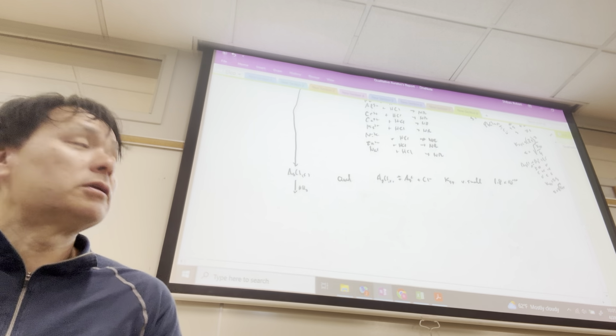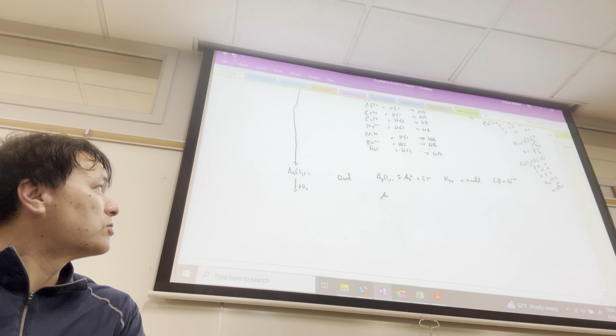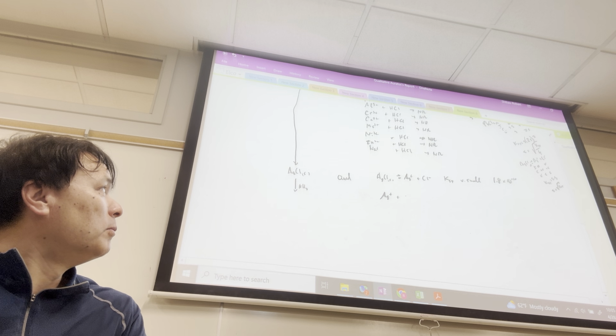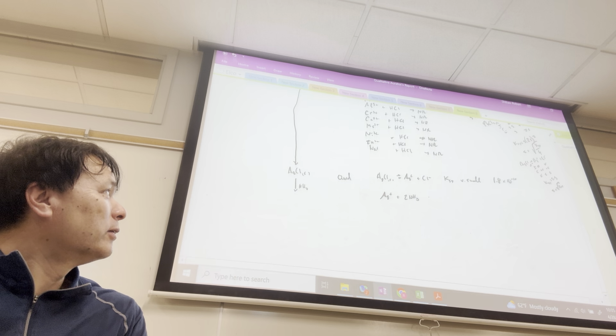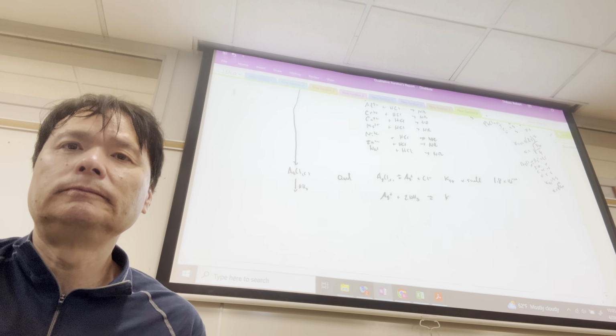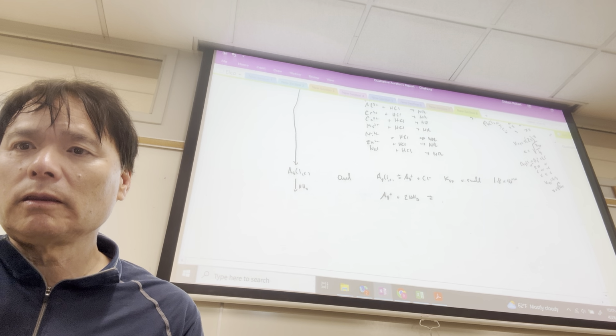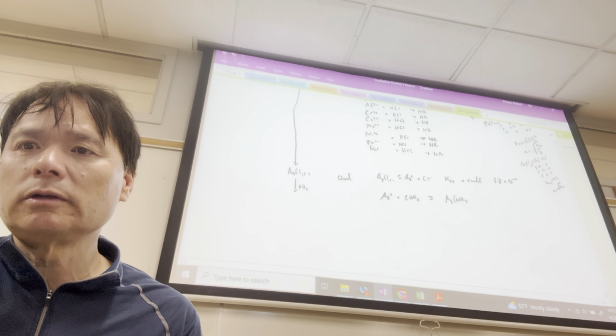So in terms of qualitative, what we're going to do is decrease the free silver ion concentration by adding ammonia. How many ammonias do we add? We'll just read it off the table. We are going to add 2 ammonias. We're going to have silver with 2 amines attached to it.